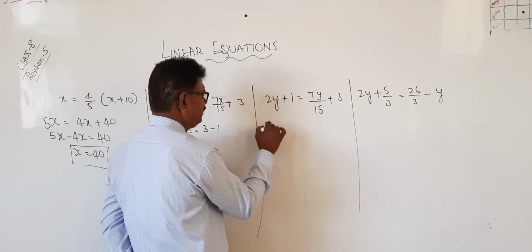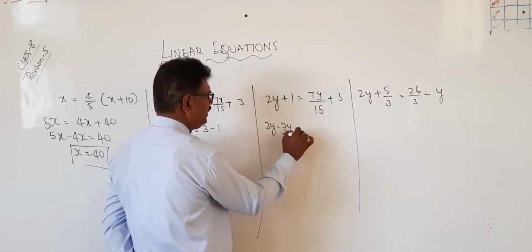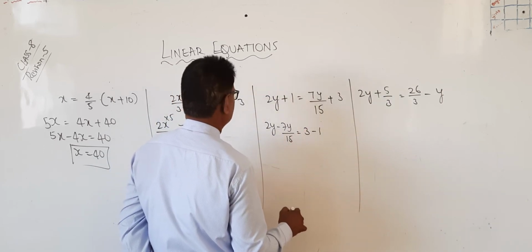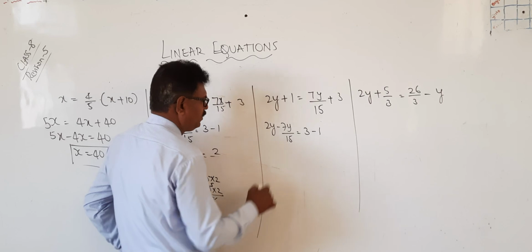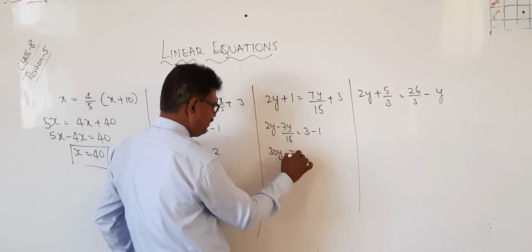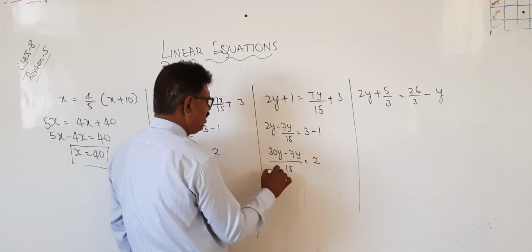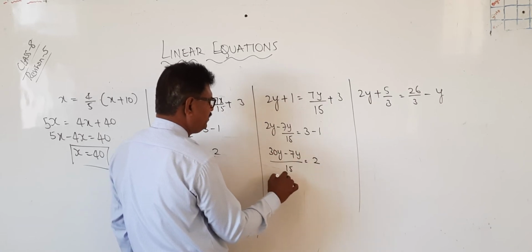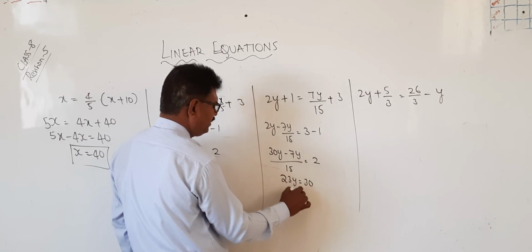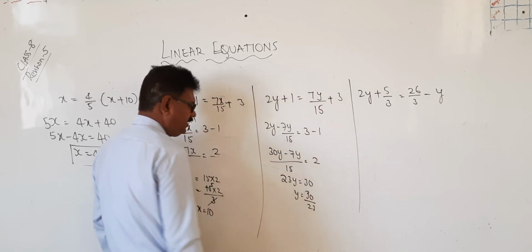Now you can take 2y minus 7y by 15 equal to 3 minus 1. Yes. Now 15 twos are 30y minus 7y by 15 is equal to 2. Or 30 minus 7 is 23y is equal to 30. Therefore y equal to 30 divided by 23.